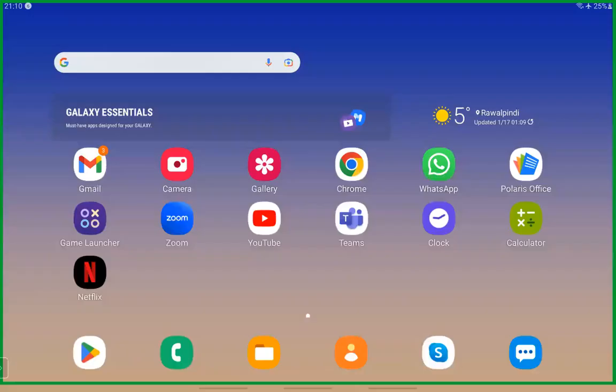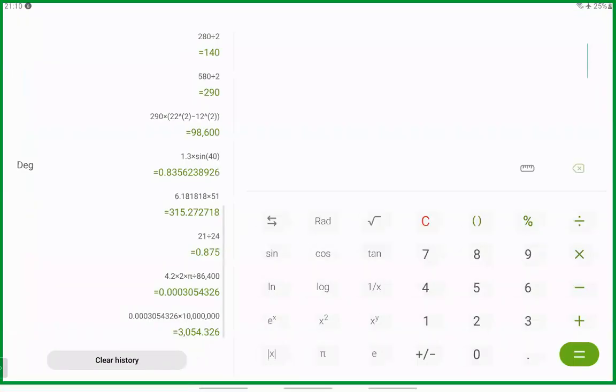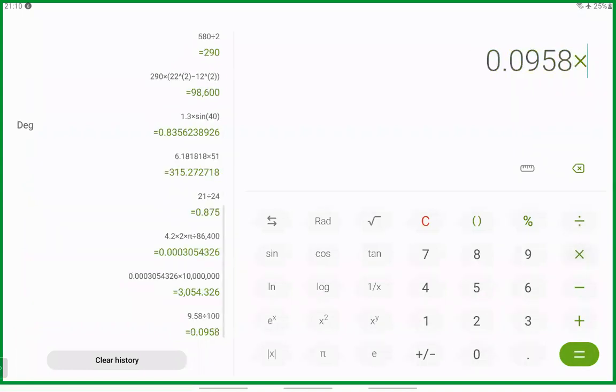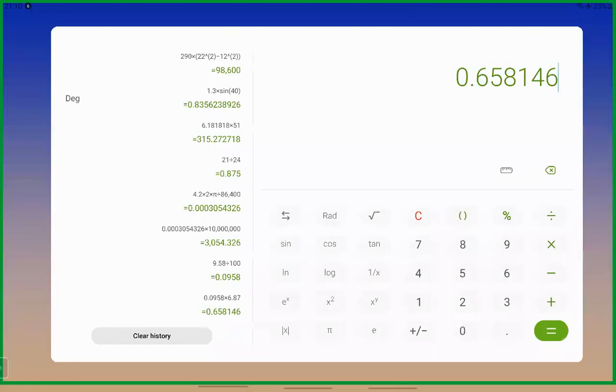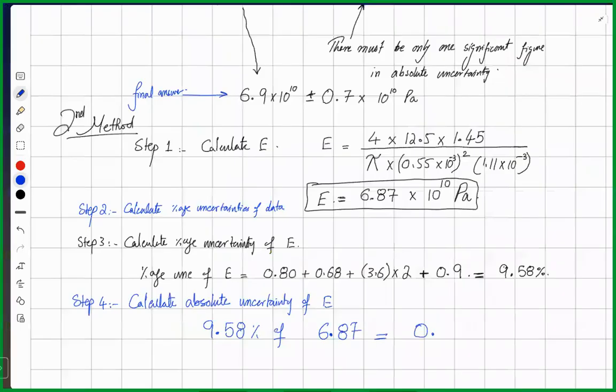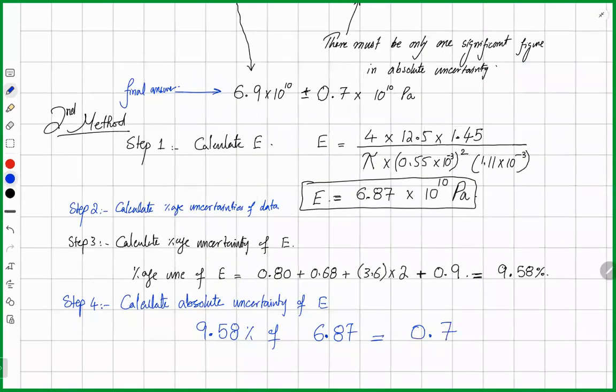Rounding off requires some care. So we have to find 9.58% of 6.87. So you have 0.658. When you write it in one significant figure, it has to become 0.7. So there we go.